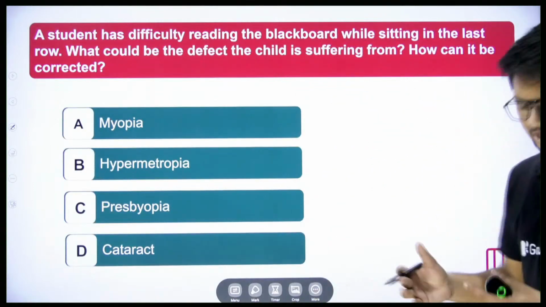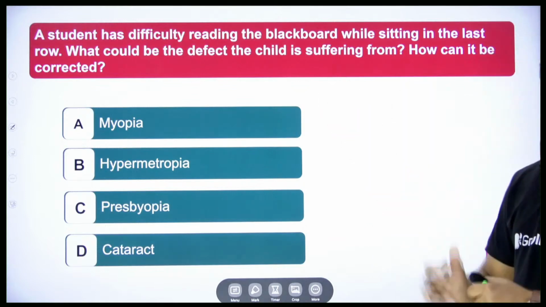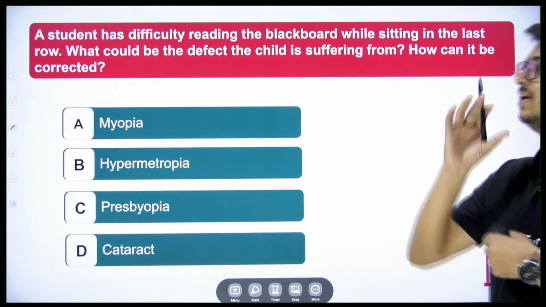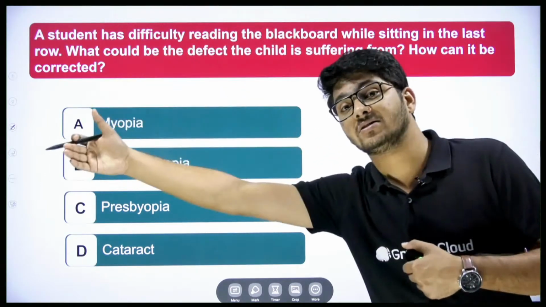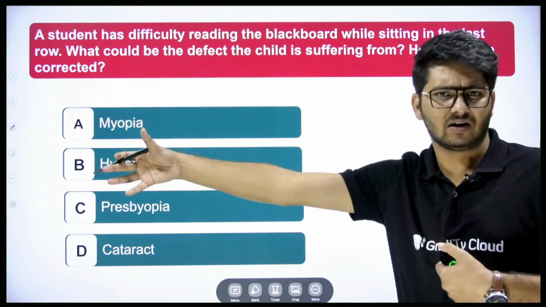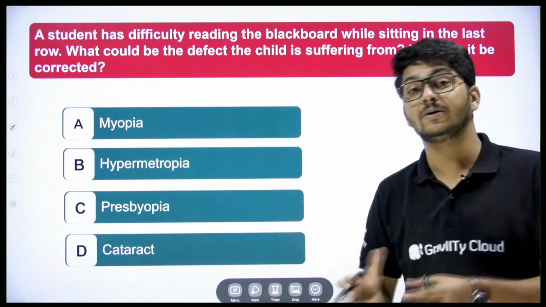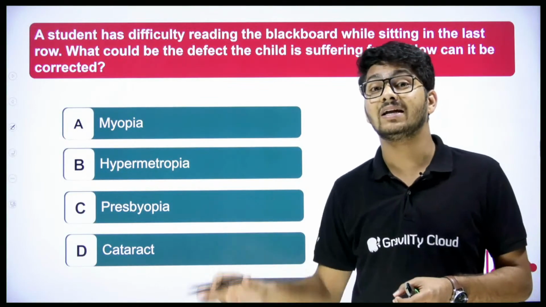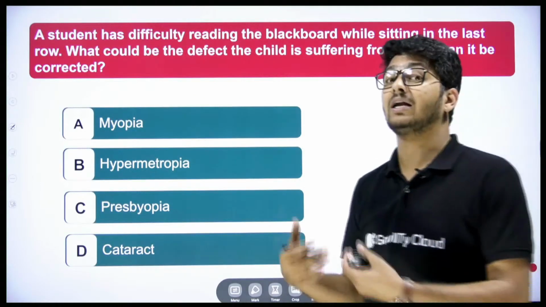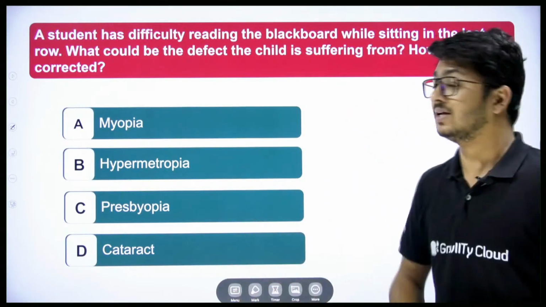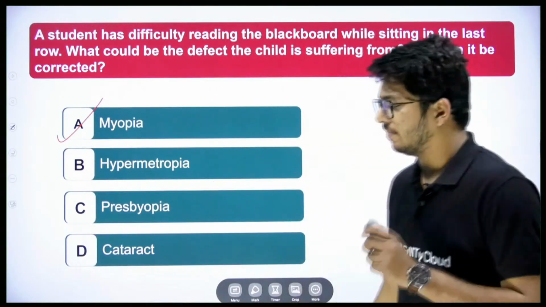That student is sitting in the last bench, the back bench, and is not able to see the blackboard. That means that student is not able to see far distance. Obviously, the blackboard will be far. If he or she is not clearly able to see far objects, that defect will be myopia.